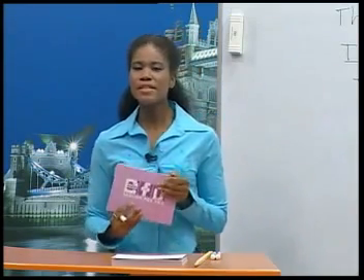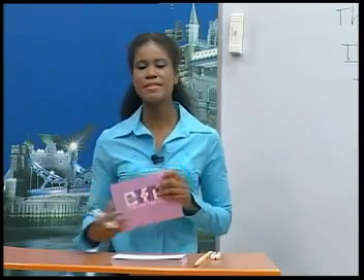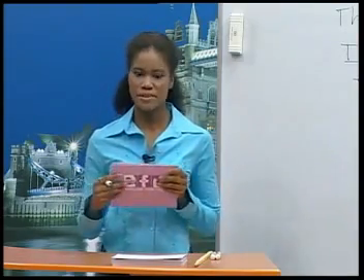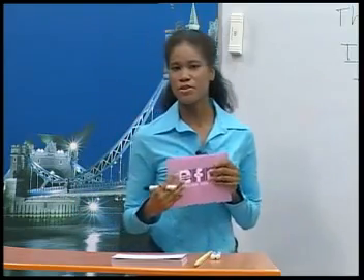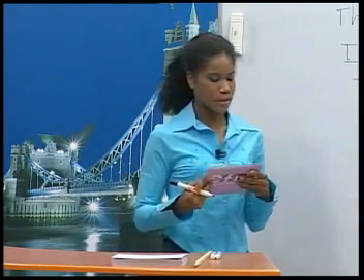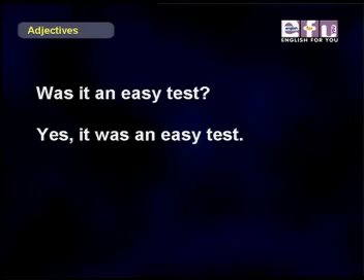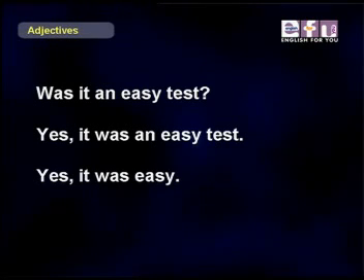Okay, now let's look at some questions. These sentences use the verb to be and adjectives. Follow along on your screen. Example, was it an easy test? Yes, it was an easy test. Yes, it was easy.